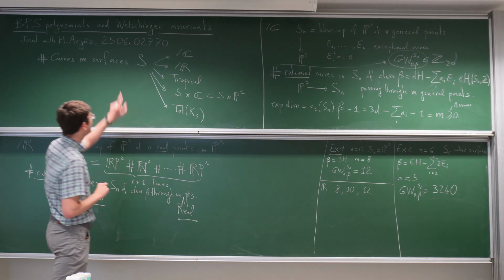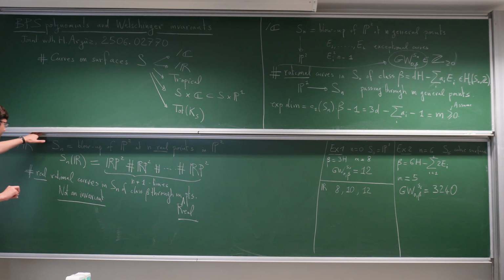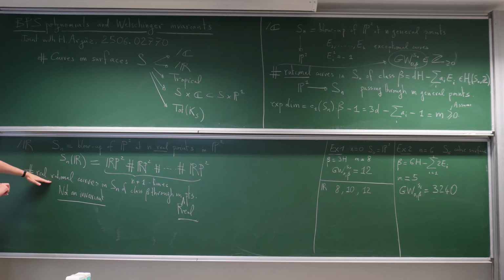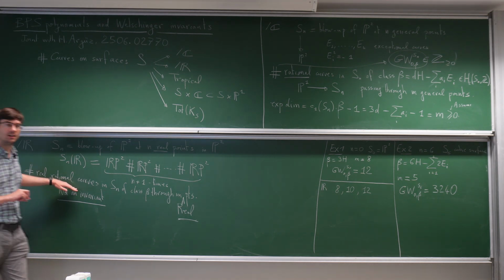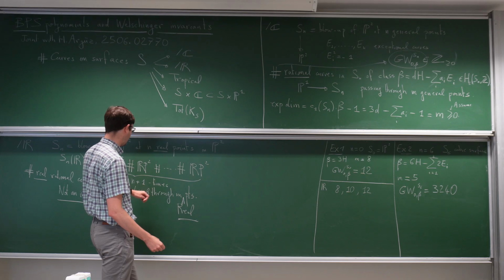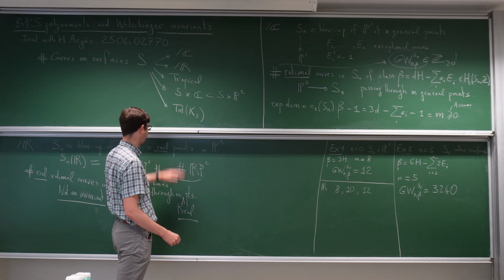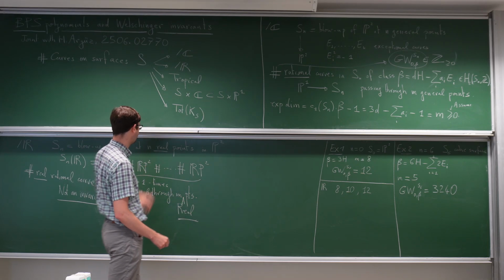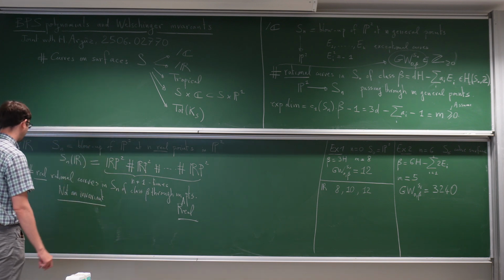So what Welschinger realized in the early 2000s is that there is a way to fix this problem if you count these curves with the correct sign. If you do a signed count of these curves, then you get a number which is independent of the precise configuration of points and the precise blown up points.